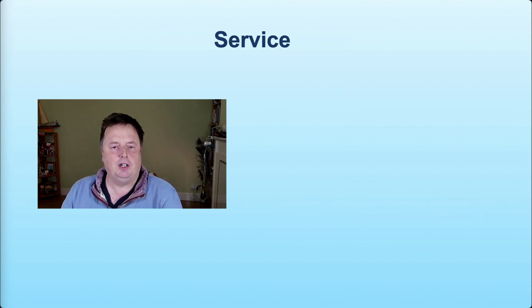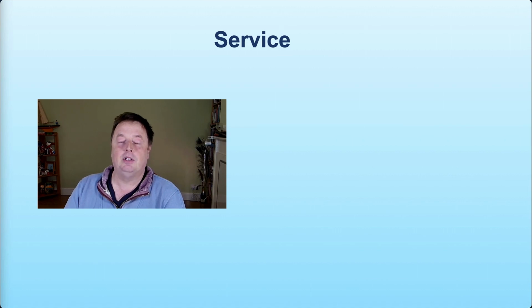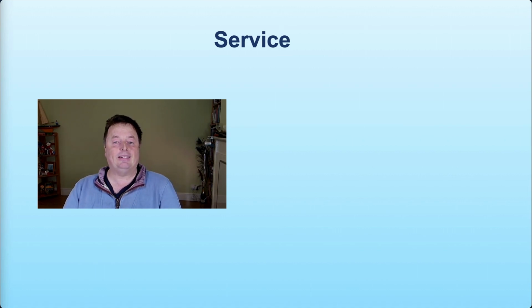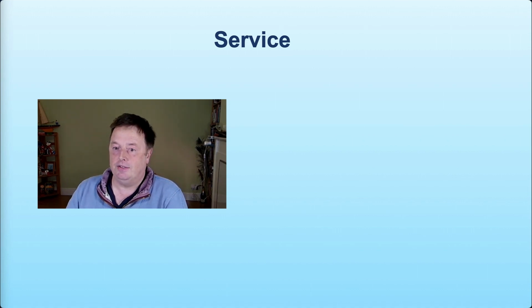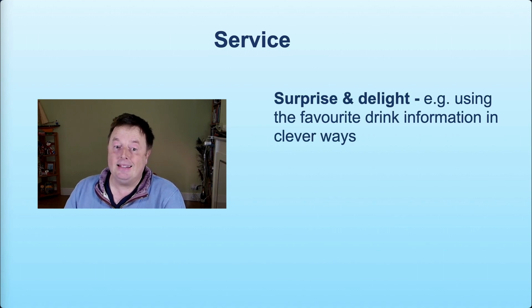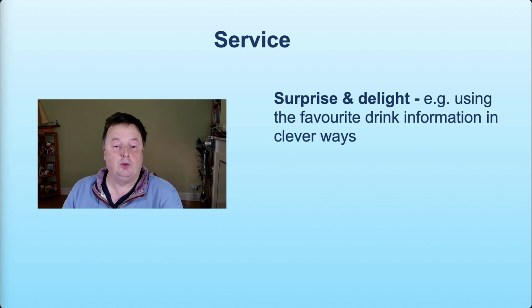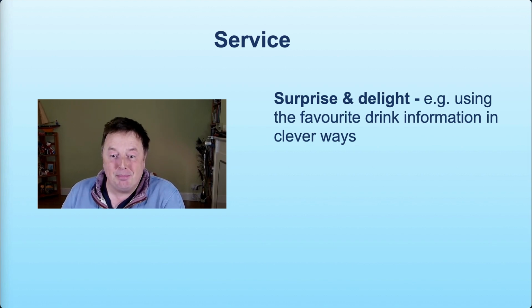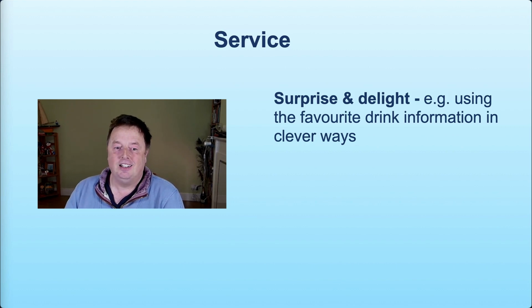The service fields tend to be text fields for use by humans rather than algorithms. They help you deliver amazing service to your guests. Example use cases include adding the element of surprise and delight to your tours. Now you know someone's favourite thirst quencher drink, and if you operate bike tours and it's a hot day, you could have their favourite drink ready at the end of the ride.